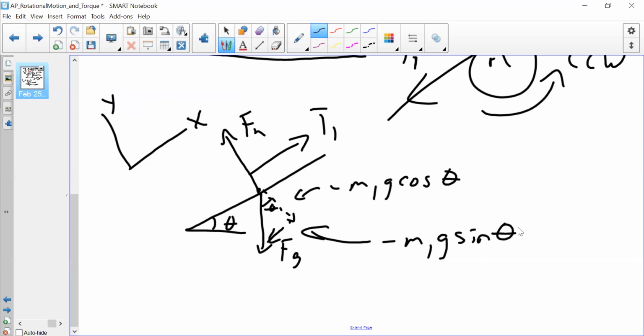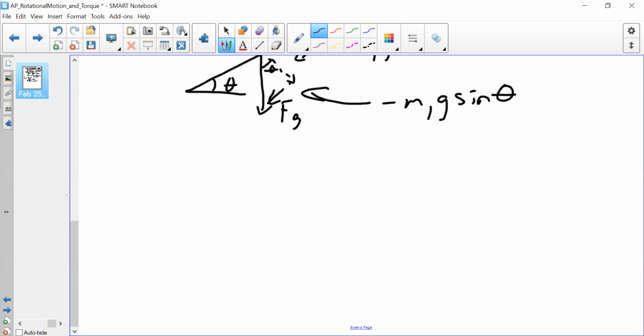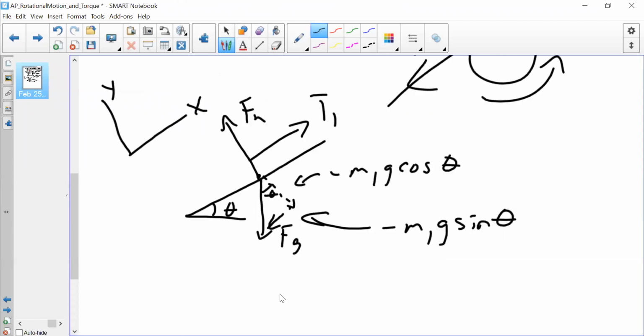Okay, so that's our perspective out of that. So that's our free body. And then for the other guy, it's pretty simple. I hope. Anyway, so T2 free body wise is going to be negative because it's going against the acceleration of the system.